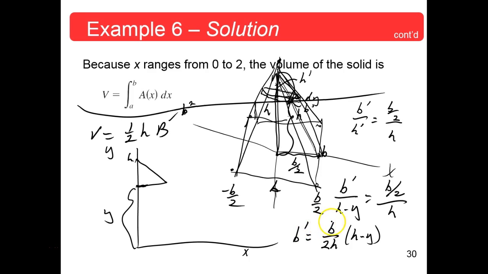Okay, so the area is this thing squared. The area of that slice here is this thing squared, because it's a square. Okay, so that's what we're looking at. A as a function of y is equal to this thing squared, which is that. Okay, I think we've got our formula now.